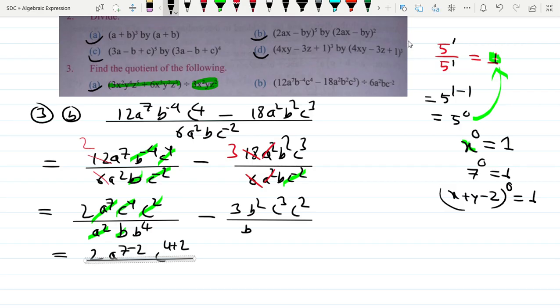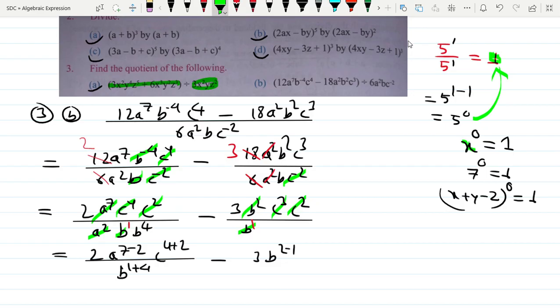Okay, so b power, this you consider as power 1, no power means power 1 is there, so b power 1 plus 4 we need to do, and 3 same. And here these two terms b square and b, they are getting divided. So b below which you see, it is power 1 you can consider, so we have to subtract here. So 3 into b power 2 minus 1. And about c cube and c square, they are getting multiplied.